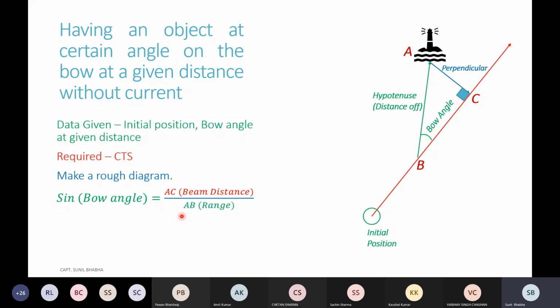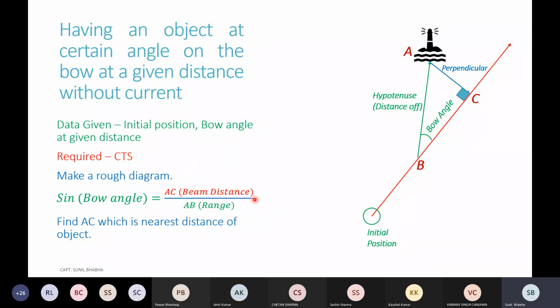The only unknown in this equation is Alpha Charlie, which is our beam distance or the nearest distance. So if we put these two values here, that is the value of the bow angle and the value of the distance or range, which is Alpha Bravo, both given to us in the question, we should be able to easily calculate our beam distance or nearest distance Alpha Charlie.